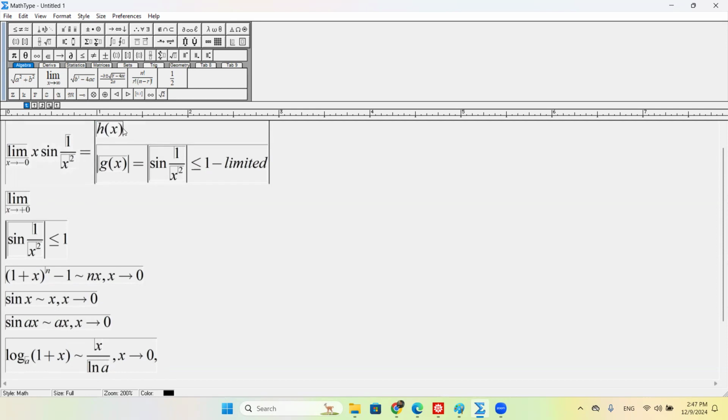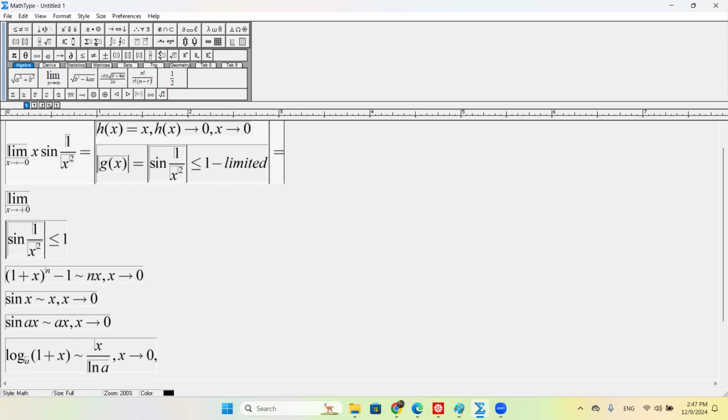So h of x equals x times the limited function, and it approaches 0 when x approaches 0.